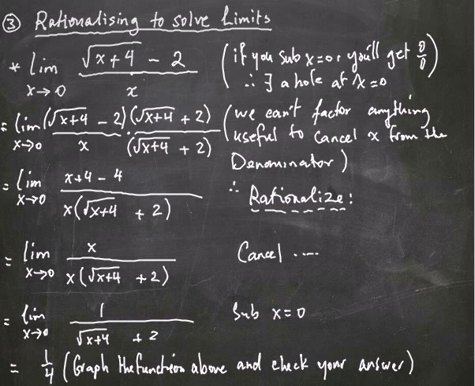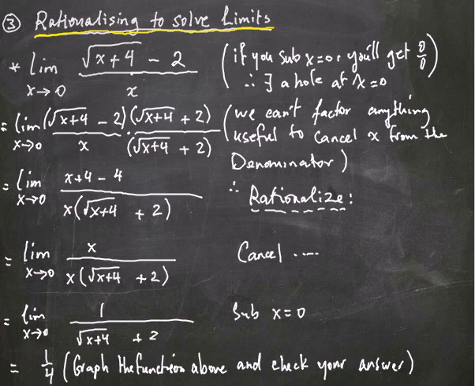The third topic is about rationalizing to solve a limit. Now, rationalizing to solve a limit is a bit tricky if you don't know some very important rules. Let's begin with this example. Limit as x approaches 0 for the function square root of x plus 4 minus 2, all over x.